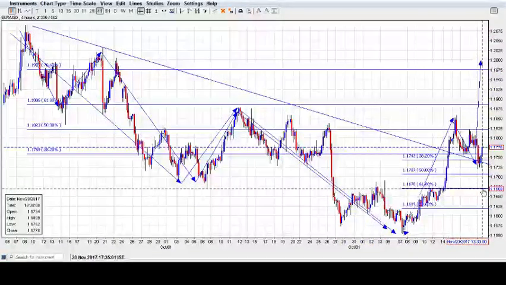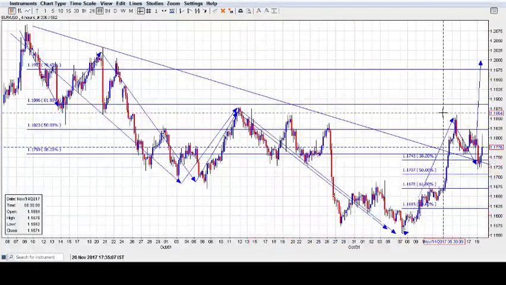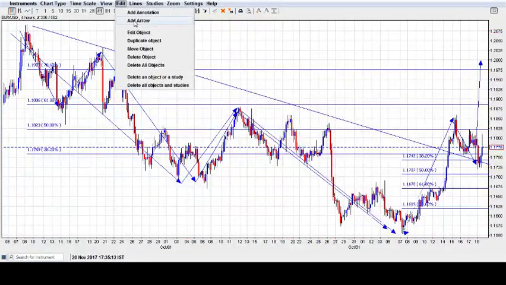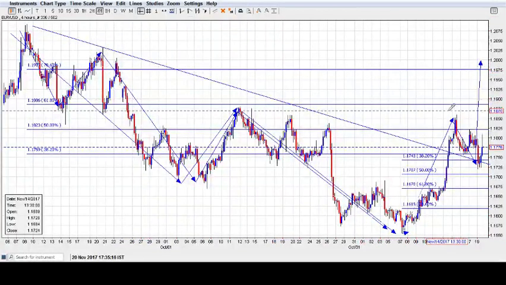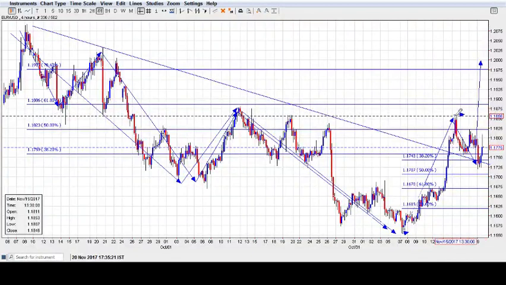What I would recommend here, if you are an aggressive kind of trader, is to place your risk just around the 1.1860 mark, which is the recent high.